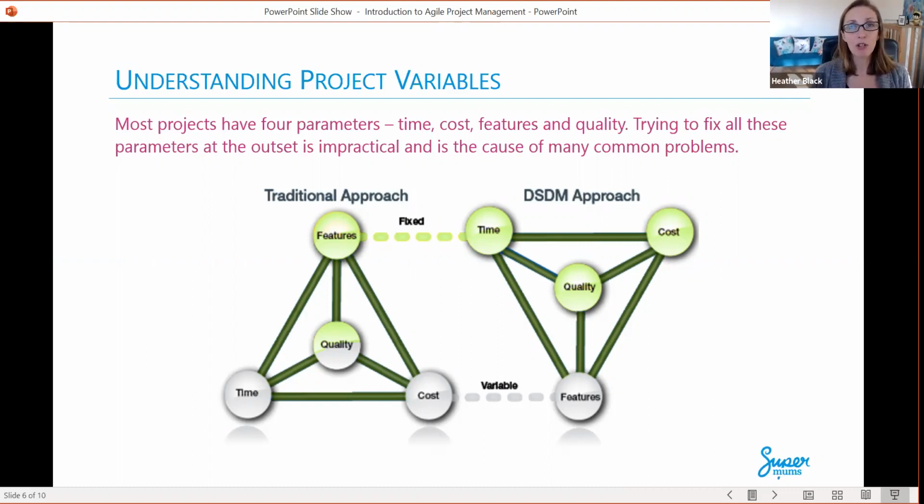So time and cost are fixed, agreed at the outset, but it's appreciated that not all of the features will be known at the beginning, and that's okay. It helped to mitigate risk, particularly for technology providers, because they wouldn't be held to ransom to deliver all these features which were perhaps unknown at the outset. What was agreed was the time and the cost to be spent, and the features get prioritized as part of that journey to fit within the time and cost.